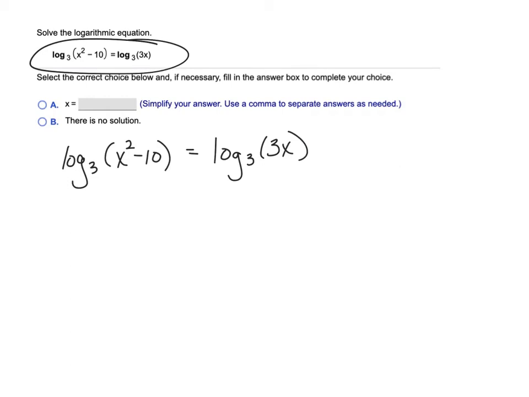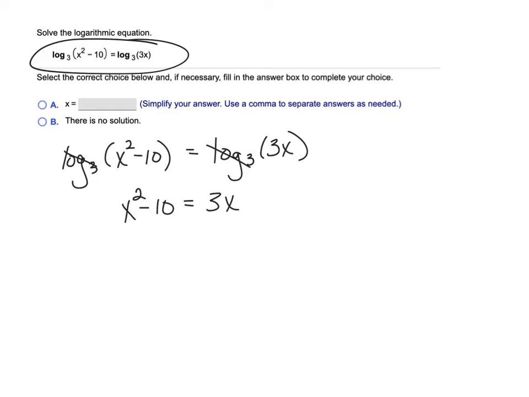This is nice because if both sides are equal and they both have log of the same base, then you can drop the logs and just set the terms equal to each other. It's probably not officially the correct way to say it, but that's kind of what you're doing. You're just ignoring the logs and setting the others equal.